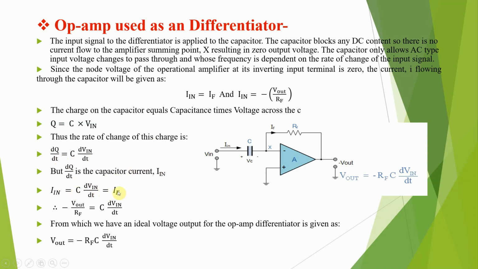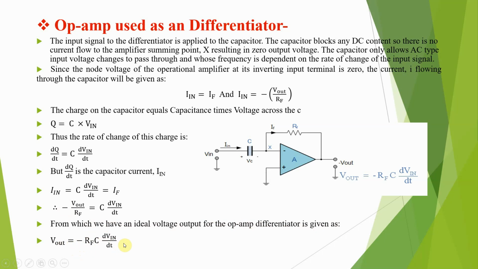Then put the value of IF in this equation. Therefore, minus Vout divided by RF is equal to C dVin by dt, from which the ideal voltage output for the OpAmp differentiator is given as Vout is equal to minus RF into C dVin by dt.